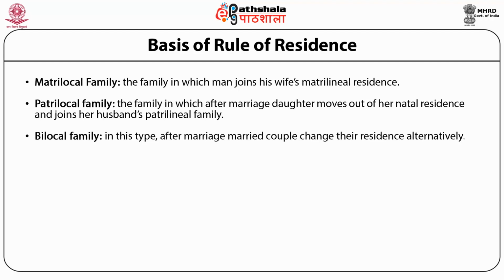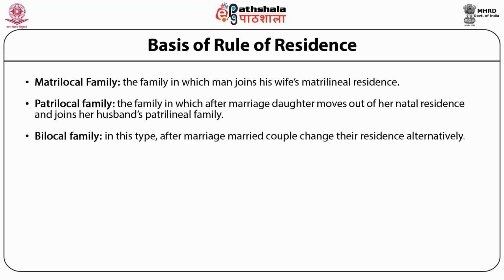Bilocal family, in this type, after marriage, the married couple change their residence alternatively. Both paternal and maternal families are given importance. All rituals and customs from both sides are practiced.